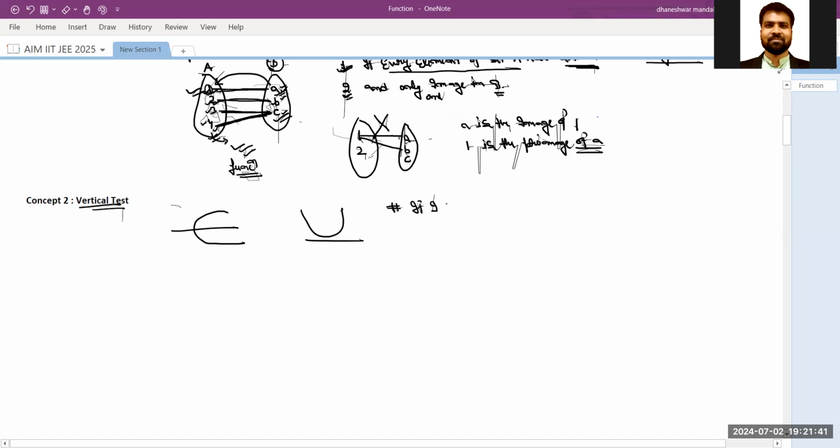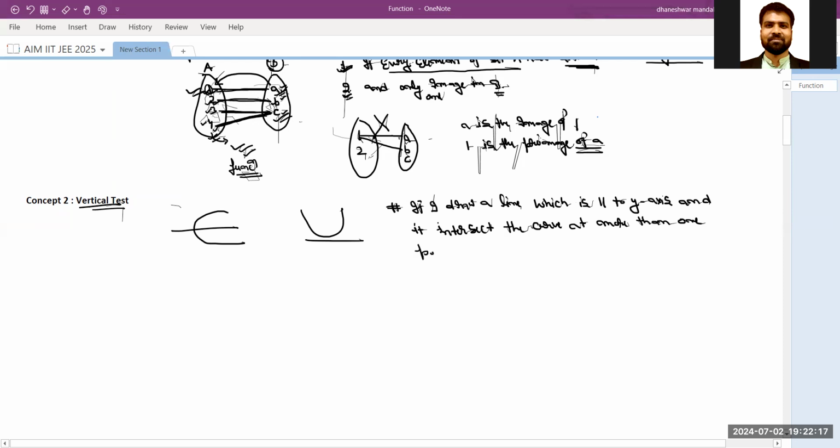If I draw a line which is parallel to the y-axis and it intersects the curve at more than one point, then the graph does not represent a function. Okay, is this clear?